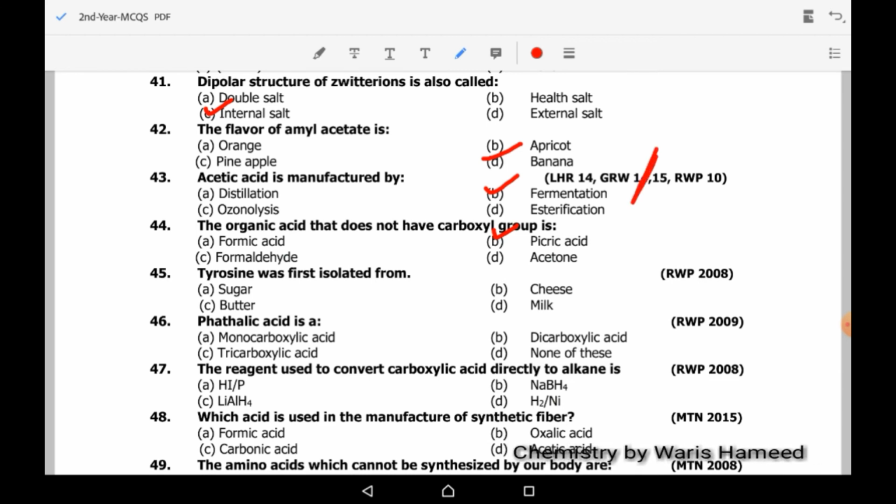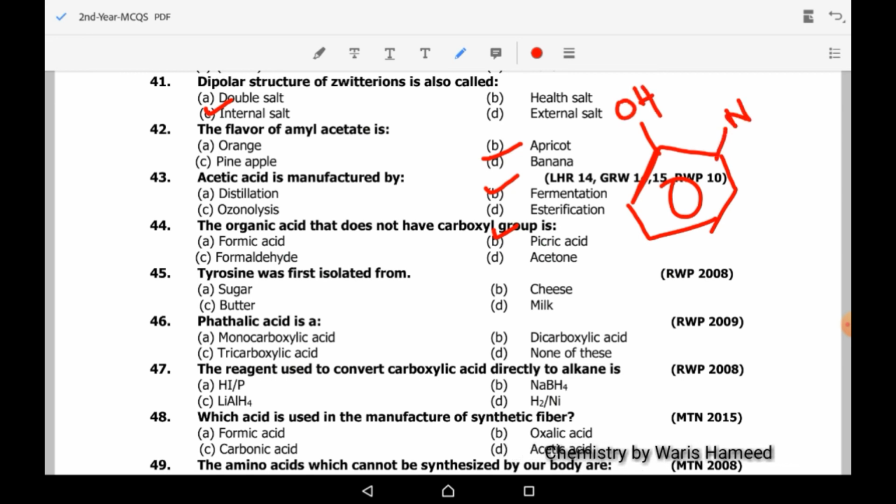It is like this. Here is a phenolic group. Here is NO2, and NO2. It is picric acid.